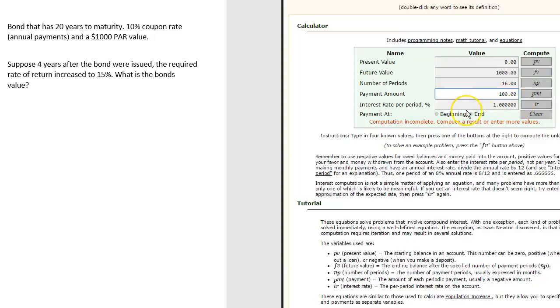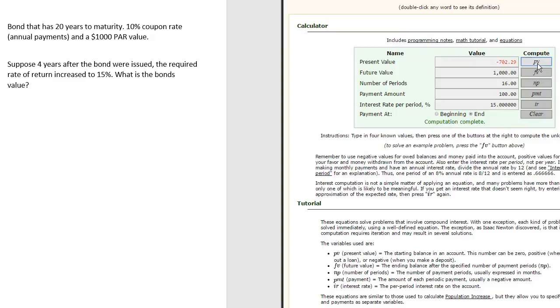Then the interest rate, the I, what would that be? Well, it's not the 10, it's the new required rate of return, which is 15. Let's cross our fingers and hope we've done this right and see what happens.